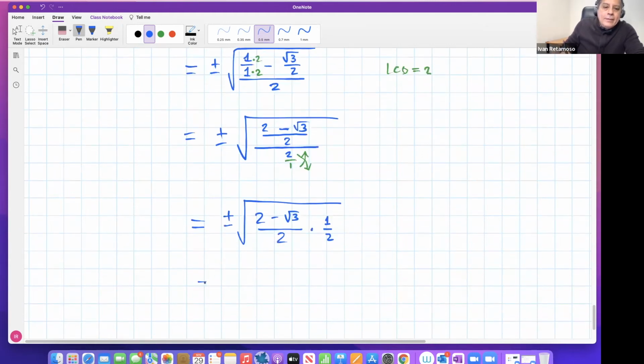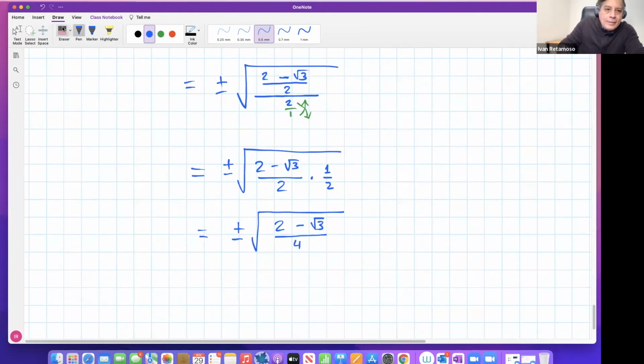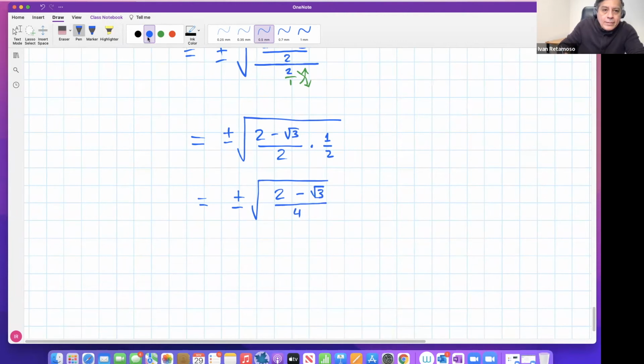And there you will have this plus minus square root of 2 minus the square root of 3 over 2 times 2, 4, right? But now, taking the square root of a quotient is the same as taking the square root of the numerator, which is going to be this 2 minus the square root of 3, over the square root of the denominator. But the square root of 4 is just 2, right?